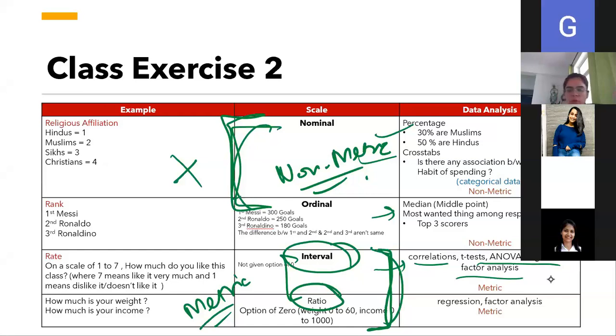Non-metric form में आप वो analysis नहीं कर पाओगे. So it is very important what kind of data you are collecting, and it depends on what kind of question you are asking, what kind of scale you are using in that questionnaire. That defines कि अच्छा ये वाला question मैंने पूछा, then it is what scale. And after that, now you can do these kinds of analysis on these questionnaires.